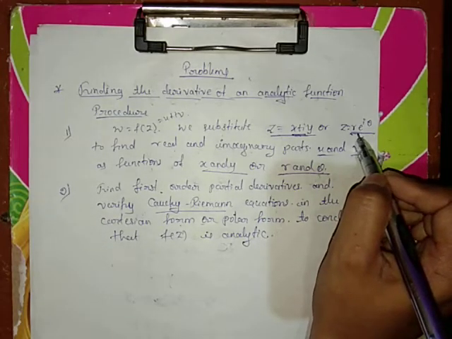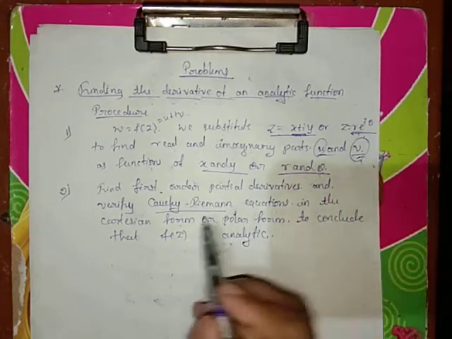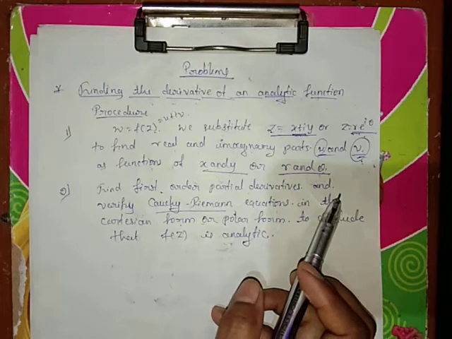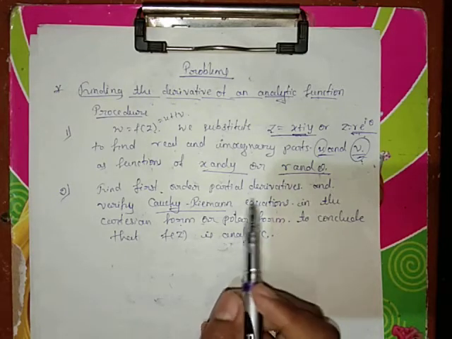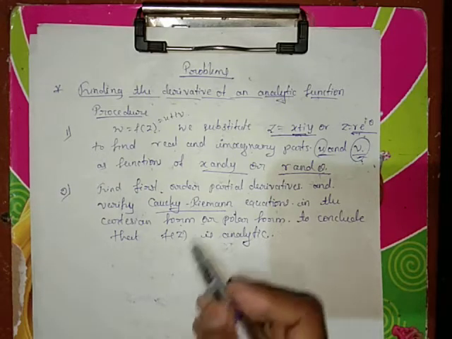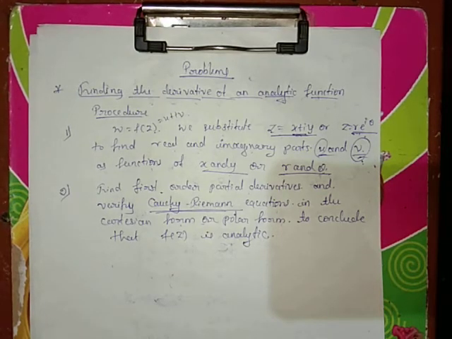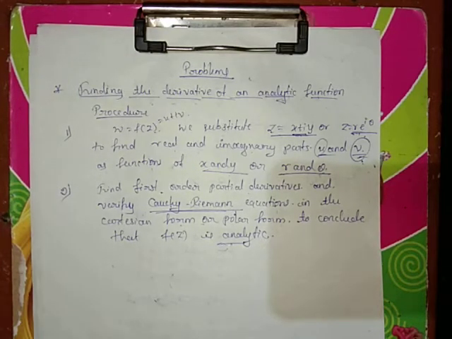Then you take the first order partial derivatives of u and v. From those, you cross check the Cauchy-Riemann equations. Cross checking gives the conclusion whether the given function is analytic or not. If the Cauchy-Riemann equations are satisfied, then the function is analytic, or else it is not analytic.